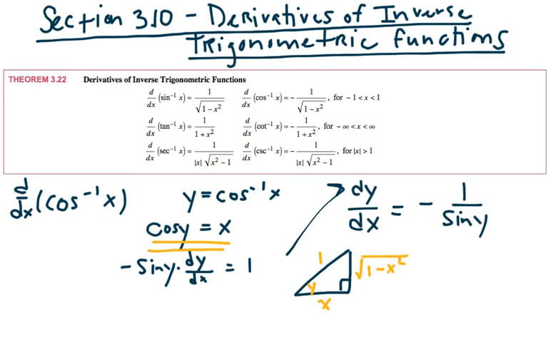That means that the sine of y is opposite over hypotenuse, or root 1 minus x squared over 1. So plugging that into our dy/dx, we get minus 1 over root 1 minus x squared, which is exactly what we wanted. So we just proved this one right here.